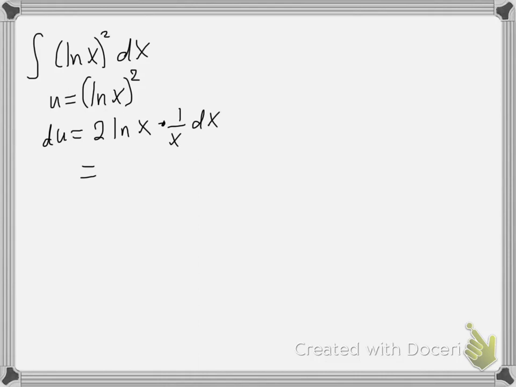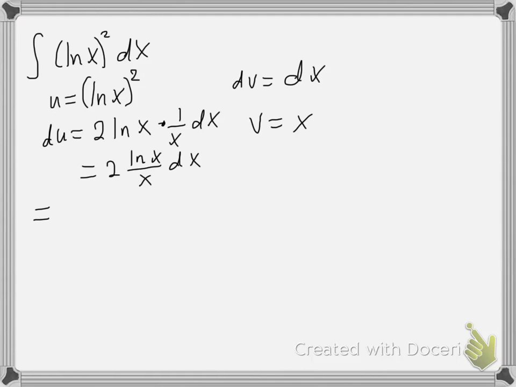This, of course, is equal to saying 2 natural log of x over x dx. Let's say dv is whatever we have left over, which is simply dx in this case. So v is going to be equal to x. Okay, let's see what we get.